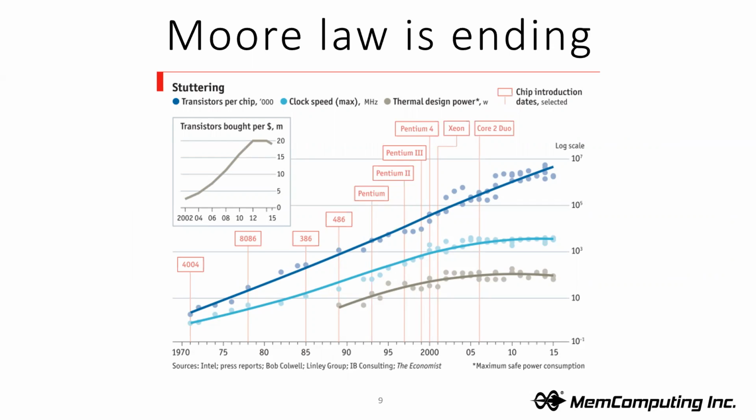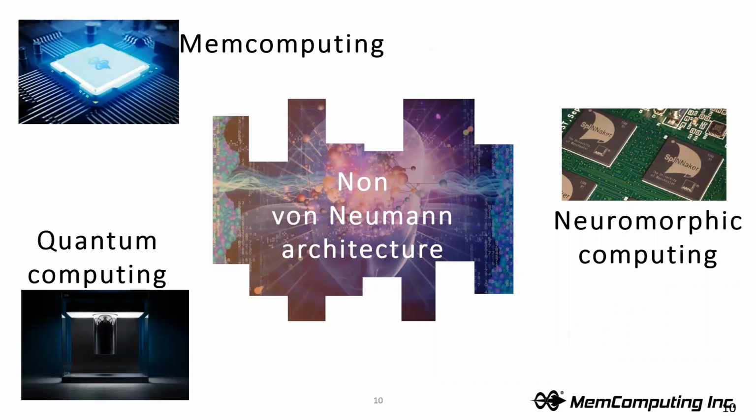But unfortunately, we have arrived at about 7 nanometers, which is basically a physical limit, because with that channel length, we are already experiencing a lot of quantum effects in our transistors, which means that they don't really behave as we expect. And therefore, there is a big need for new computing architectures.